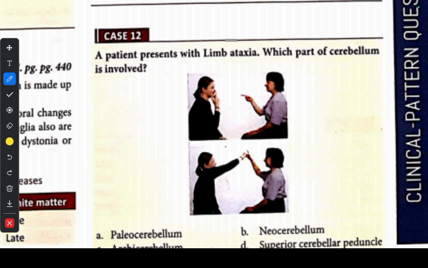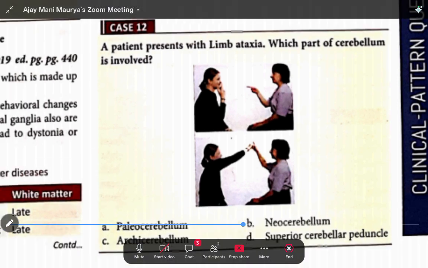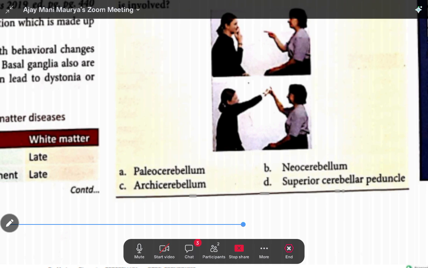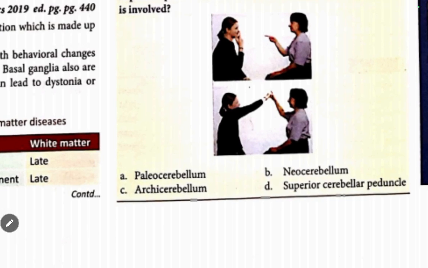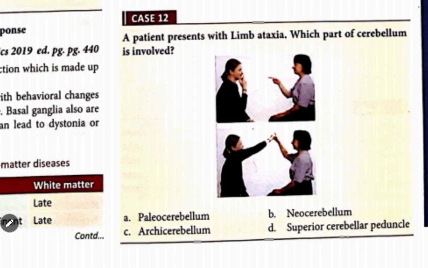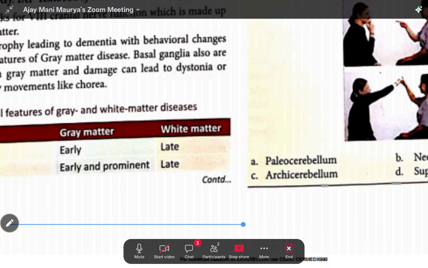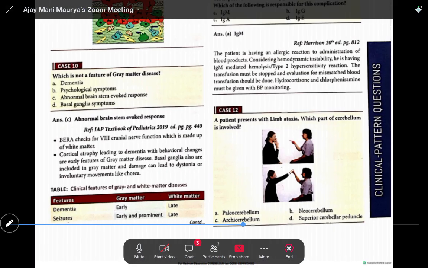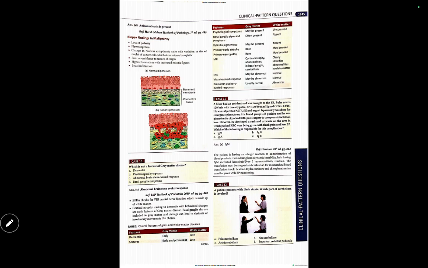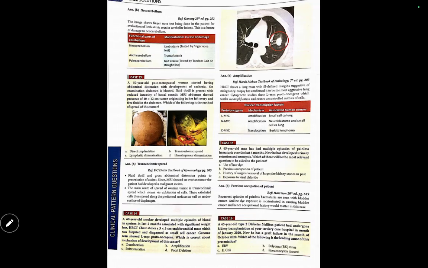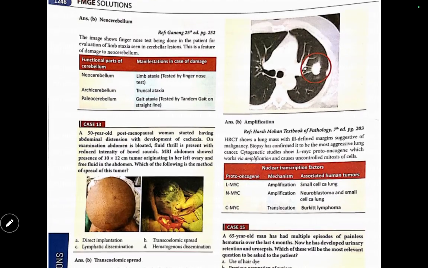Here the options are paleocerebellum, neocerebellum, archicerebellum, and superior cerebellum. Option D is ruled out here. It must be neocerebellum, okay. This is your neocerebellum.